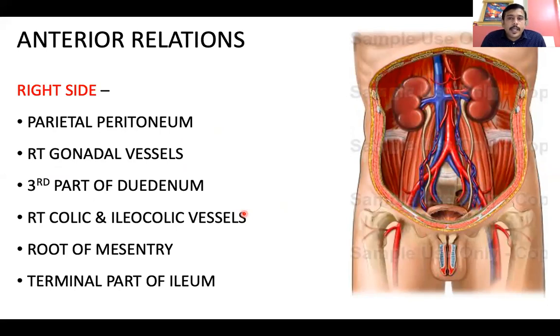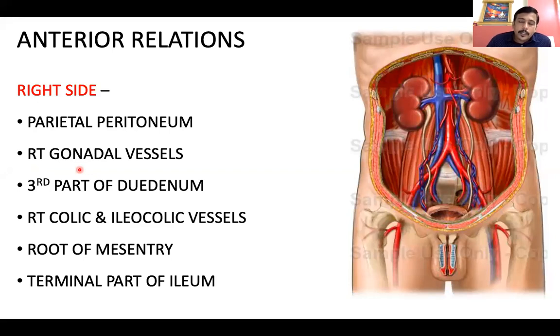And coming to the anterior relations of the abdominal part, on the right hand side we have the parietal peritoneum, right gonadal vessels. So gonadal is a common term given for both male and female reproductive organs here. So the right gonadal vessels, in males will be right testicular vessels, and in females it is the right ovarian vessels.